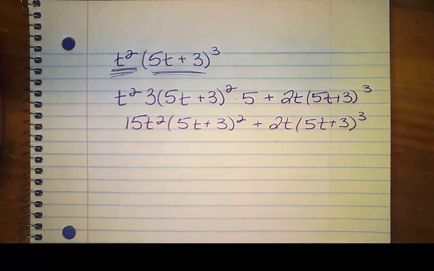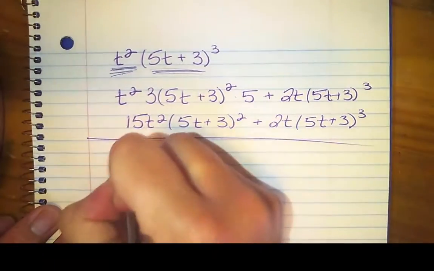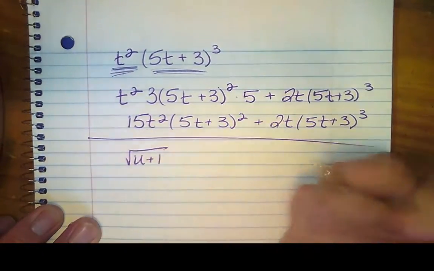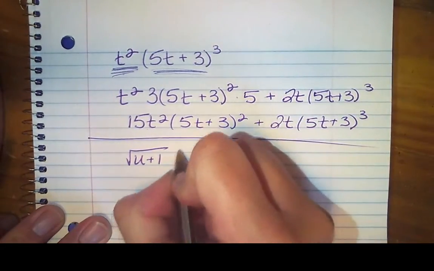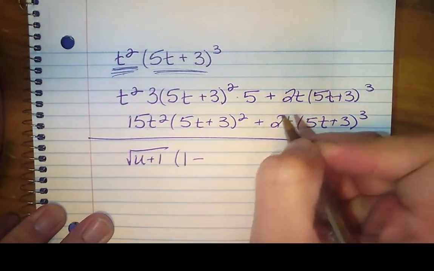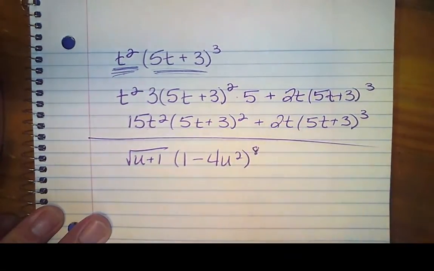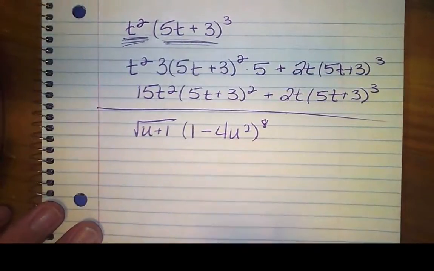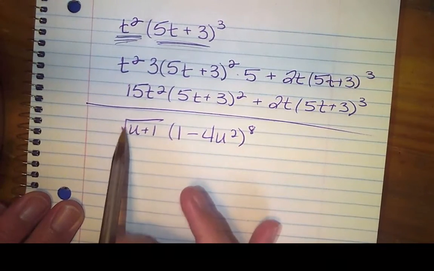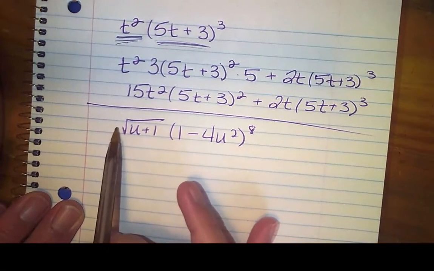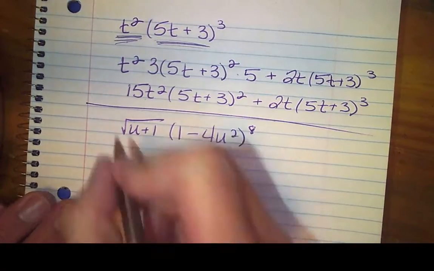All right, so let's try another one. We have the square root of u plus 1 times (1 minus 4u squared) to the 8th. Okay, so first of all, the first thing I see, I don't want that radical there. I cannot manipulate a radical numerically.